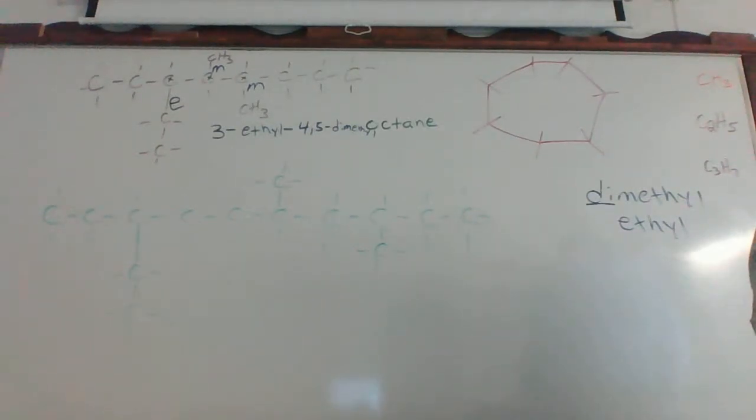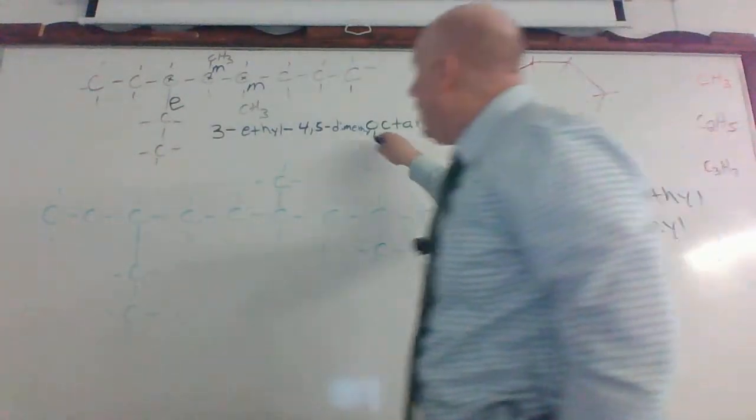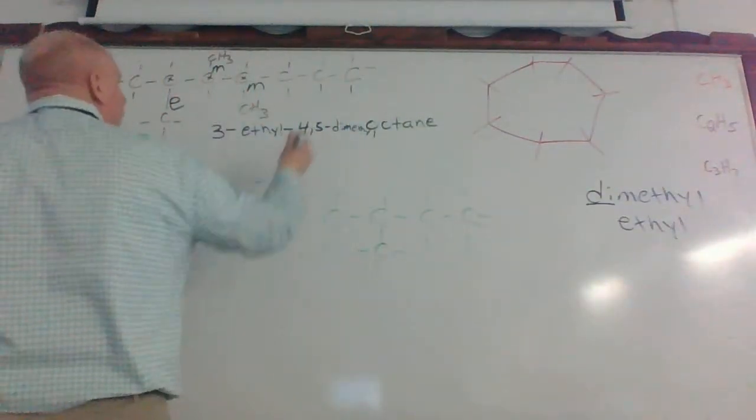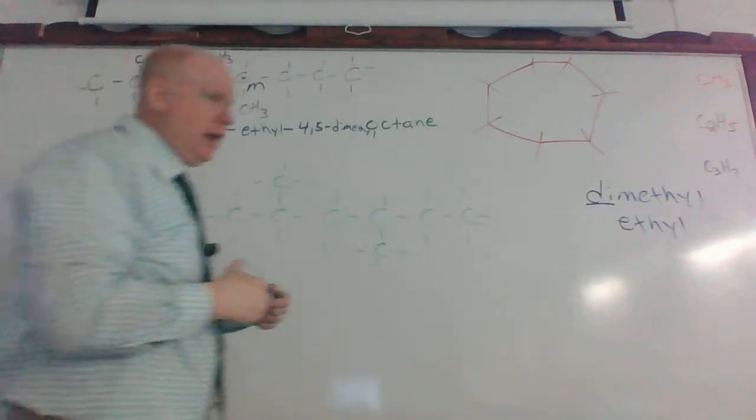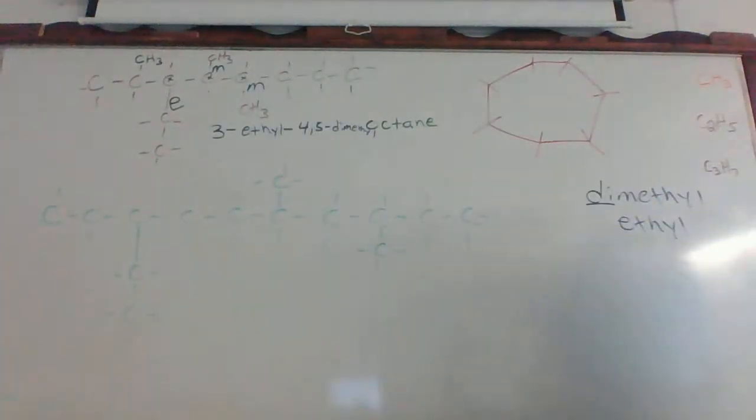The only thing that is different is what's missing on here that the book has an example. There's another methyl group. Doesn't it say 3-ethyl, 2, 4, 5 trimethyl octane?